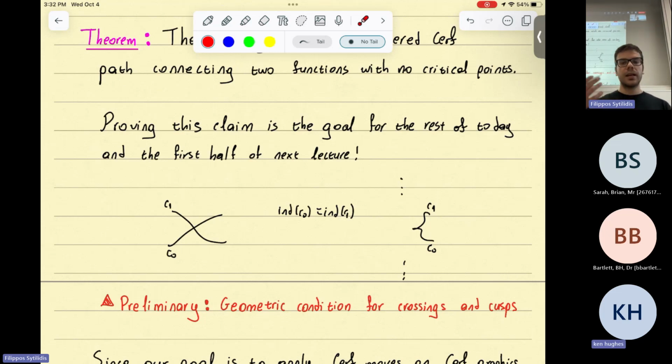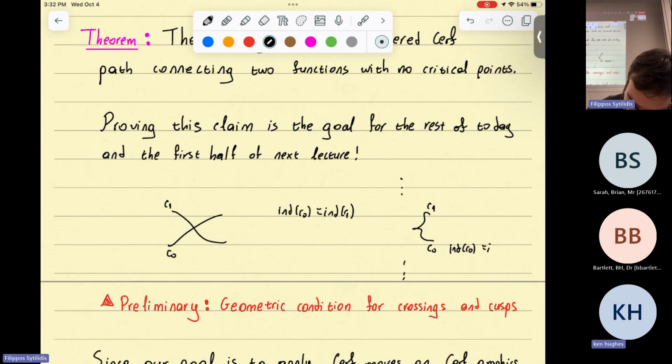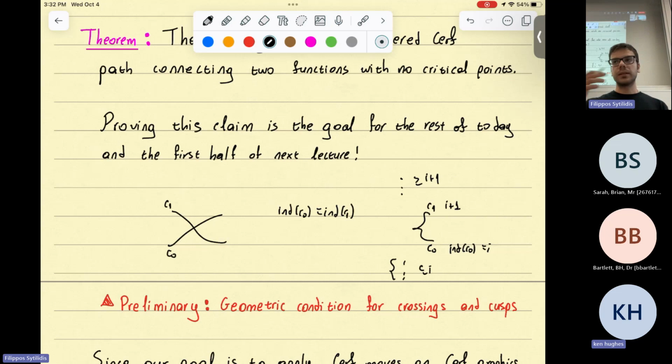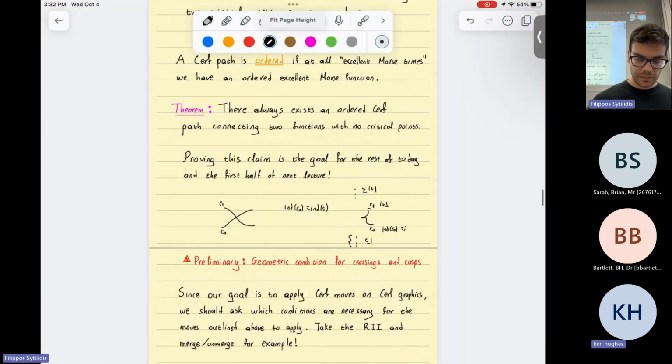So again, it's a precise condition. The index here is i, and its index will be i plus 1. So I know that all of these must be less than or equal to i, and all of these must be greater than or equal to i plus 1. You just move it slightly up so you can see what it's saying?